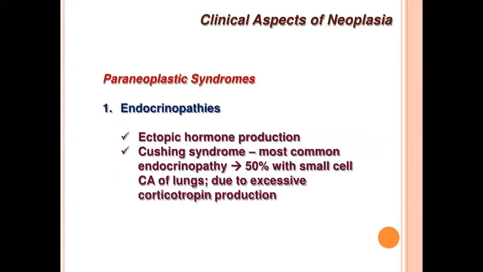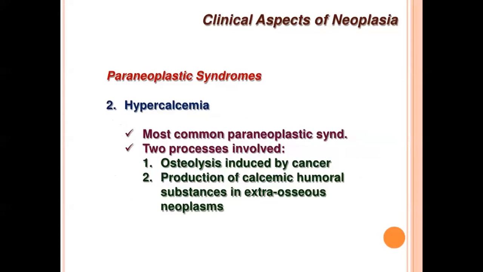Endocrinopathy, like ectopic hormone production. For example, Cushing syndrome is the most common endocrinopathy and occurs in 50% of patients with small cell carcinoma of the lungs due to excessive corticotropin production. The second one is hypercalcemia, the most common paraneoplastic syndrome.